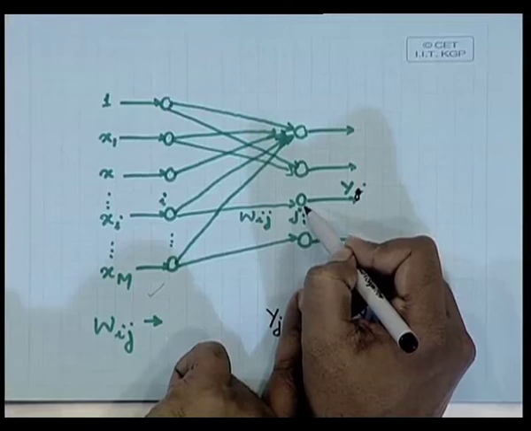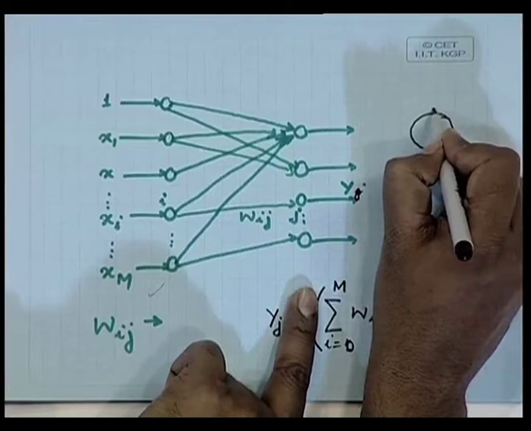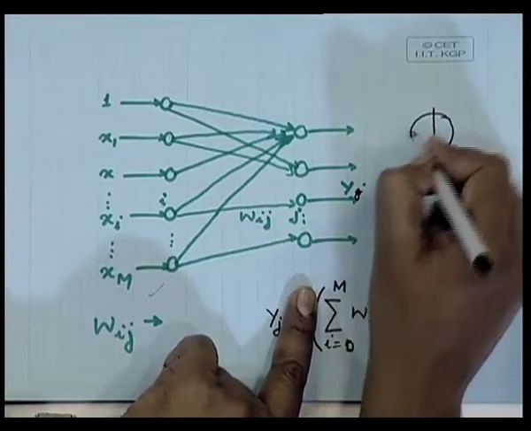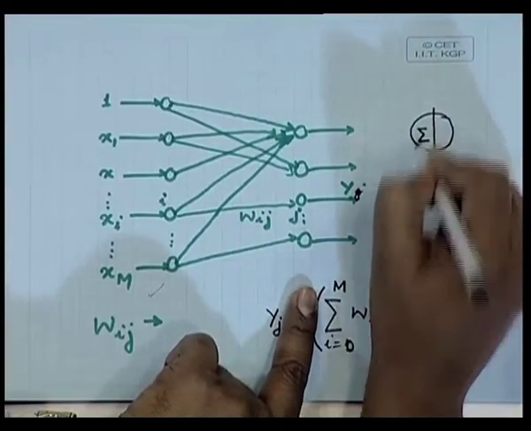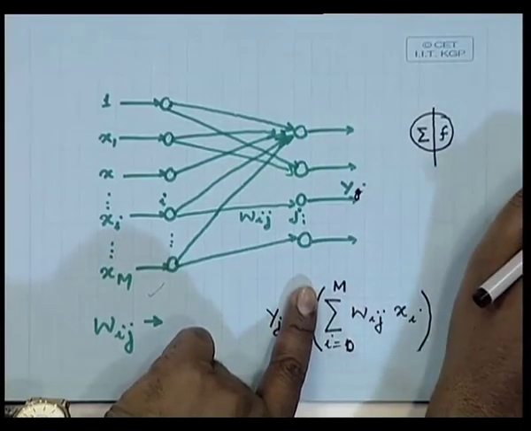Or this node I can break into two parts. Every output layer node I can break into two parts. One portion computes the summation and the other portion gives you the nonlinearity, that is f.